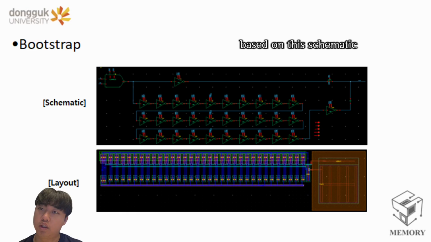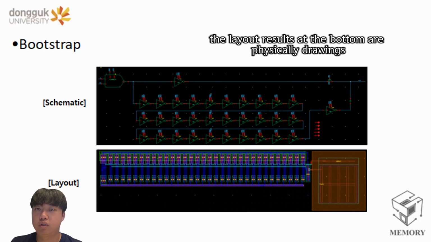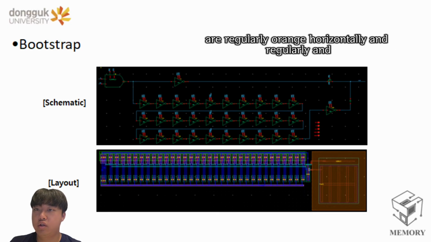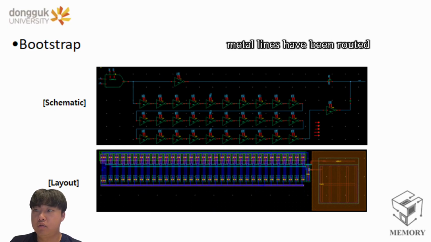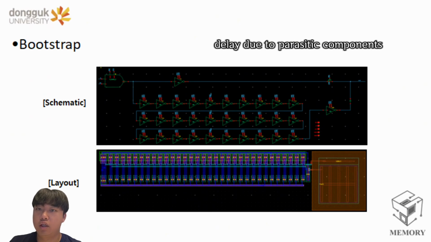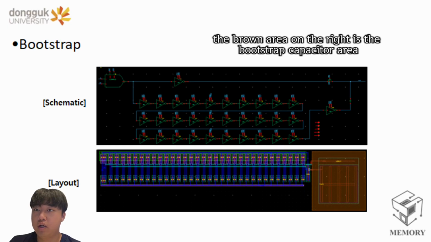Based on this schematic, the layout results at the bottom are physical drawings placed on the actual semiconductor chip. As you can see, many inverter elements are regularly arranged horizontally, and metal lines have been routed tightly to minimize voltage loss or signal delay due to parasitic components. The brown area on the right is the bootstrap capacitor area.